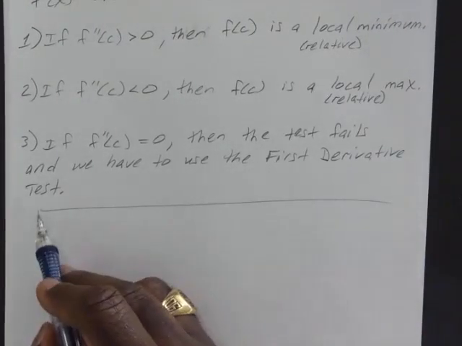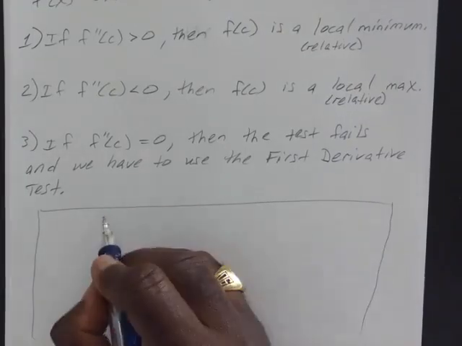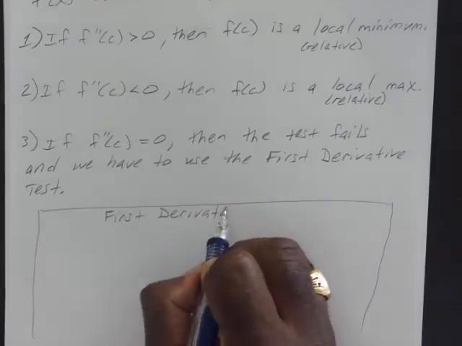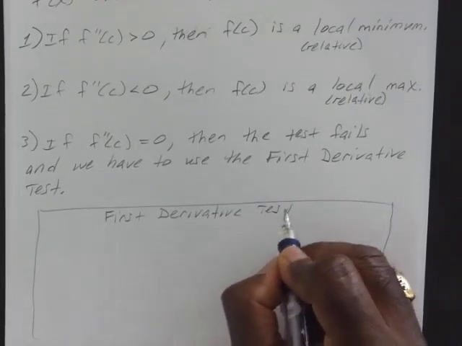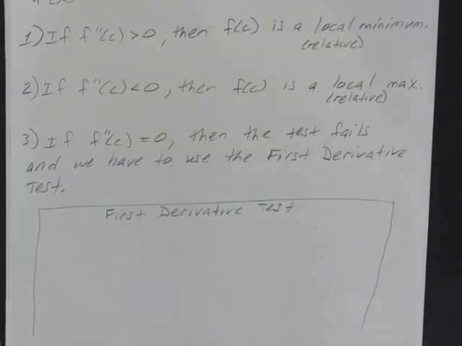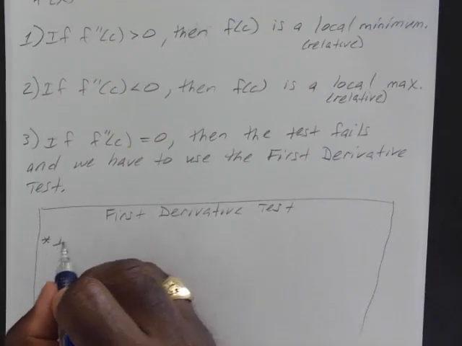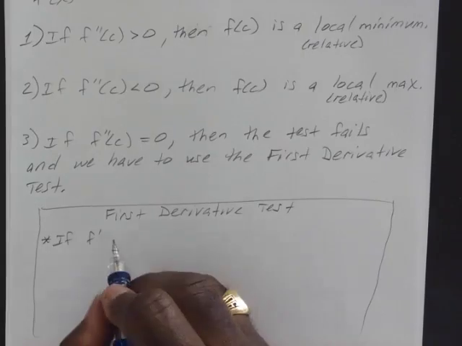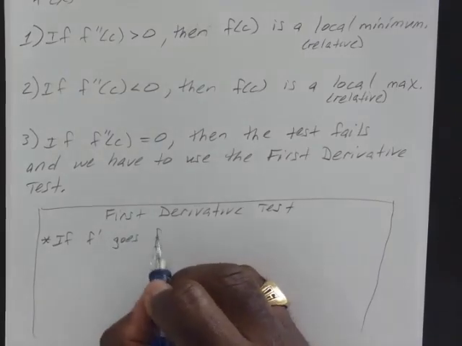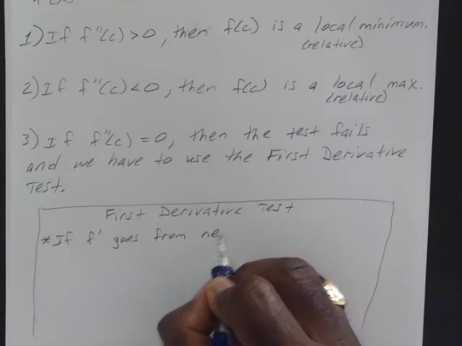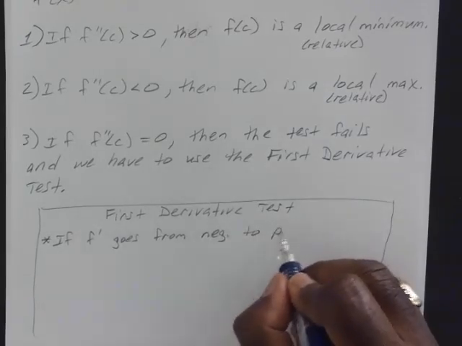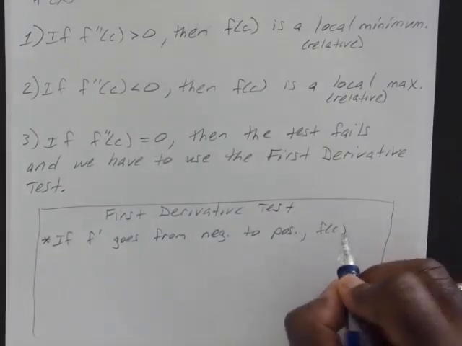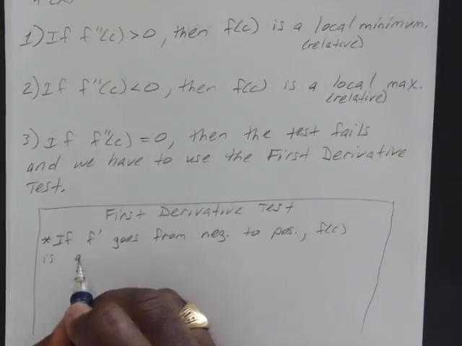And here's a quick overview of the first derivative test. After you find your critical points, if the derivative, f prime, goes from negative to positive, then we know that f of c is a local minimum.